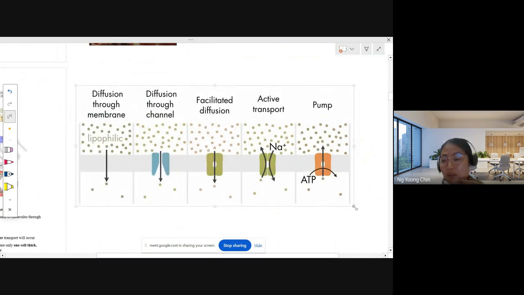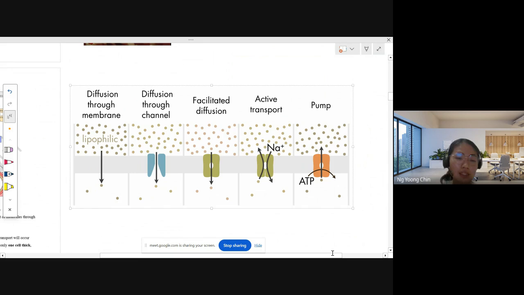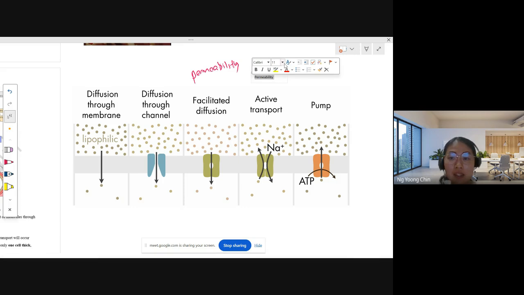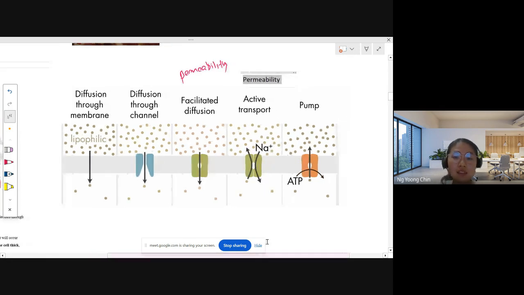I think I didn't include this in your graphic. It's okay, I will include it later. This picture shows permeability. Permeability means what kind of molecule is able to pass through the plasma membrane.